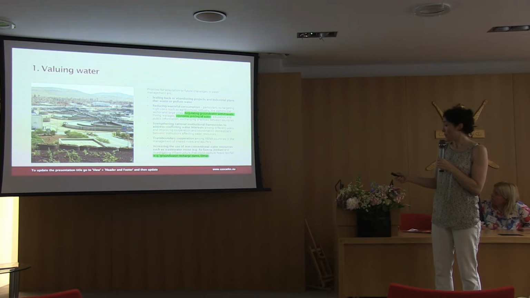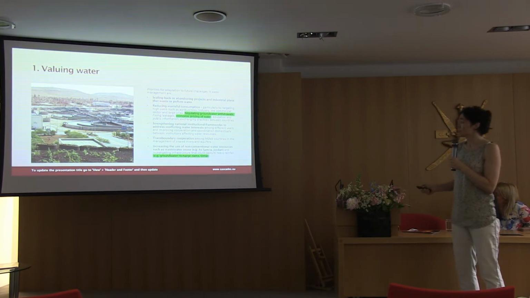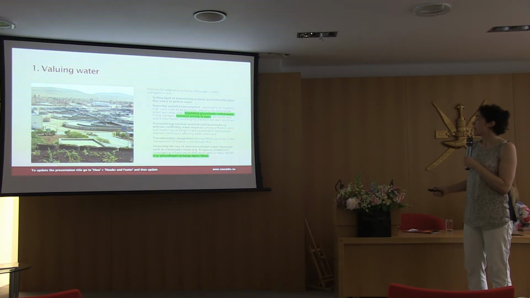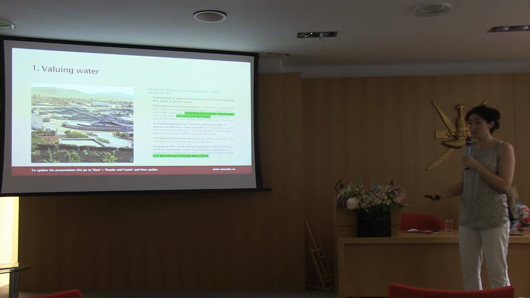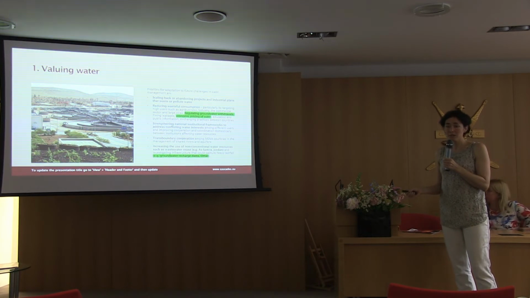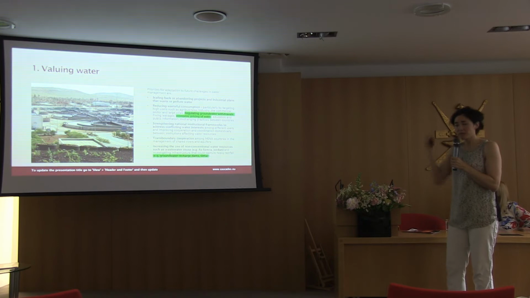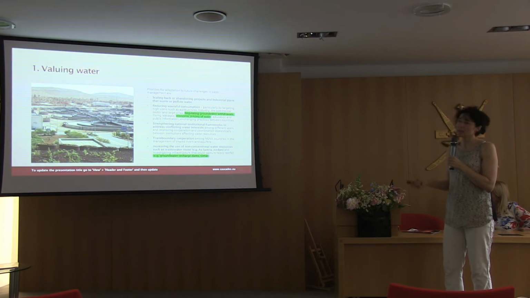So on the valuing water side, I mentioned some of the recommendations from the report, and I thought of particular interest would be regulating groundwater withdrawals and the economic pricing of water. So Oman's made a lot of progress in reducing subsidies for electricity and water provision since at least 2016.